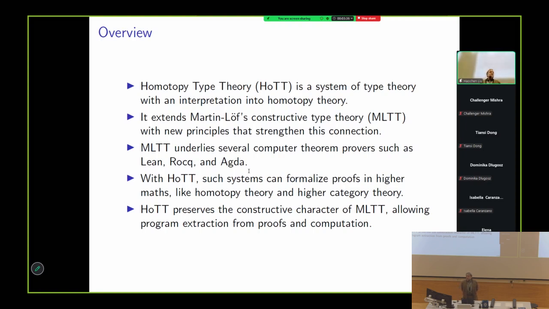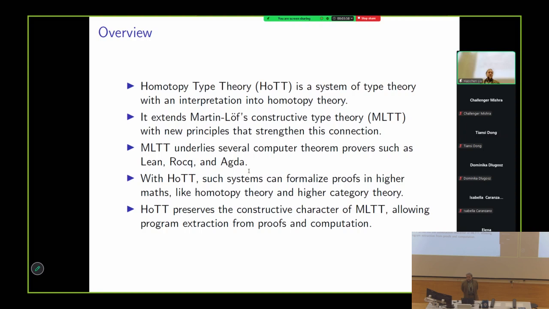Now, maybe by coincidence, Martin-Löf's type theory is also used in computational proof assistance theorem provers that are currently experiencing a burst of development. There's the Lean system, which you may have heard of. That's the most popular one right now. There's also Coq and Agda and others.